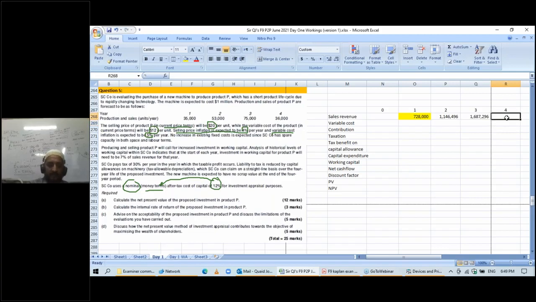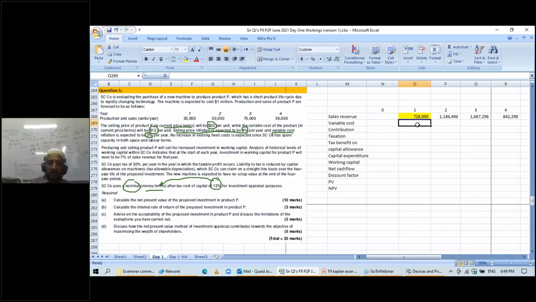And then in the year 4, 20 into 1.04 to the power 4. This gives you the sales price, and then multiplied by 36,000 is the quantity. So this is how you can work. So this gives you 8,42,298.